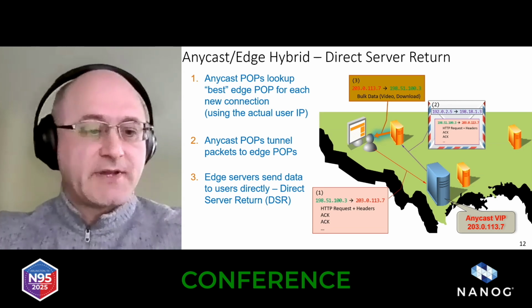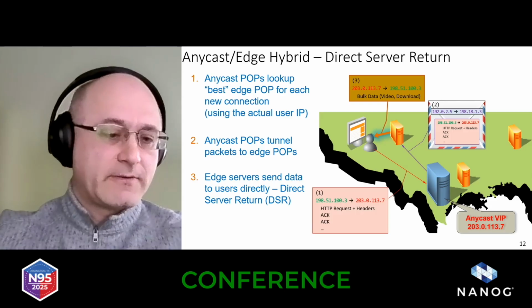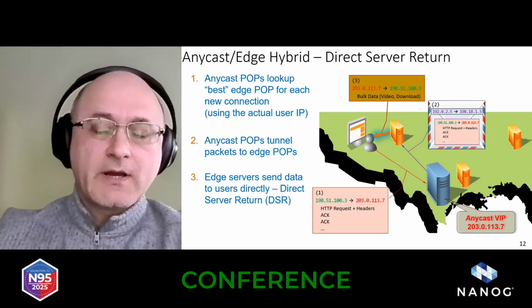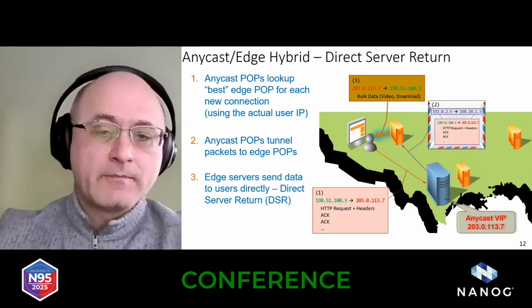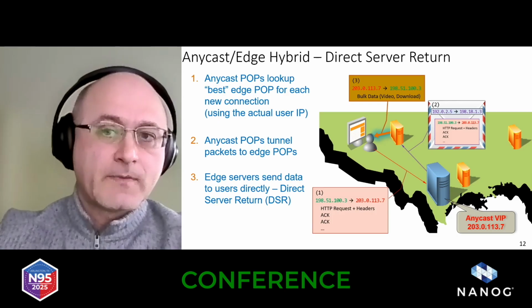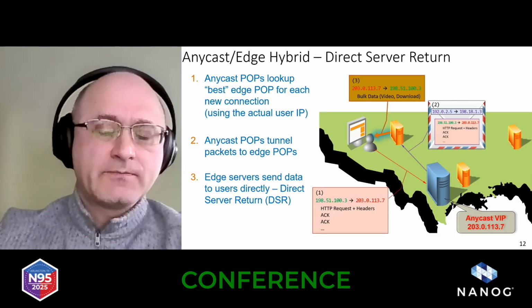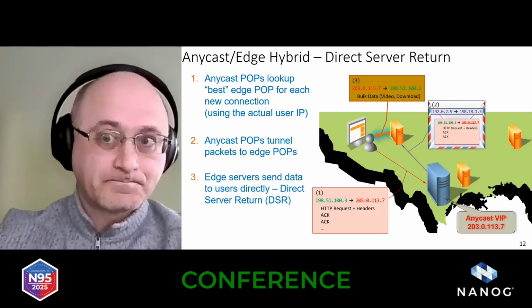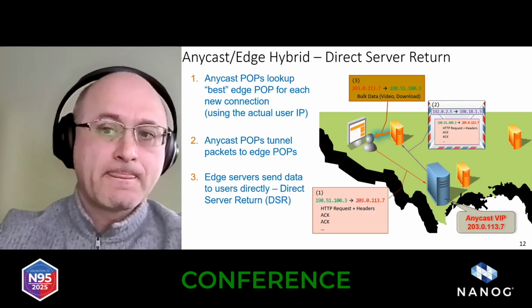But just to understand what we're talking about here for direct server return, you have anycast PoPs all over the internet that announce anycast VIPs, and users connect to those VIPs, whatever PoP is closest to them.